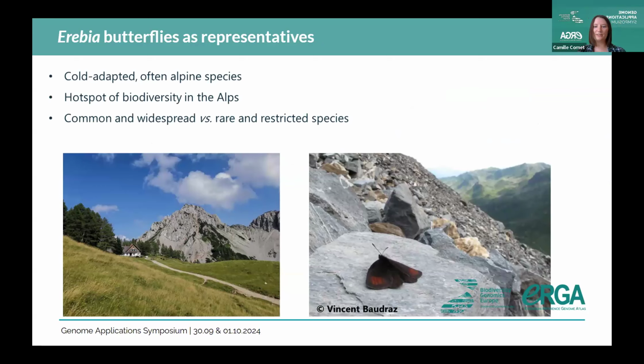because they're often alpine species that are cold adapted. That makes them particularly sensitive to climate change, and they have a hotspot of biodiversity in the Alps, where a lot of secondary contact zones and cryptic species coexist.